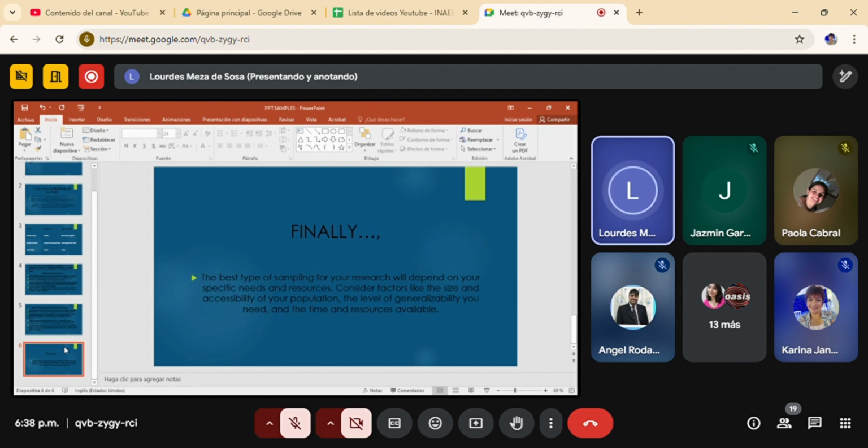Mainly you have to consider those, it's like considering the piece that you're going to eat before you chew it, because if it is too big, you will choke. So we need to consider those things, right? Size, accessibility, the level of generalization that I need in order to prove my point, and the time and resources available in order to answer the questions, right?